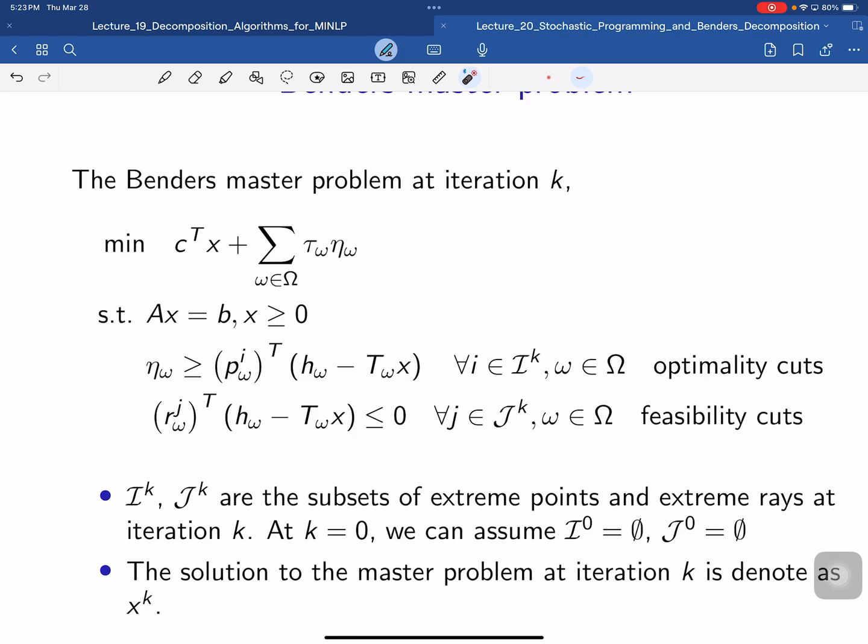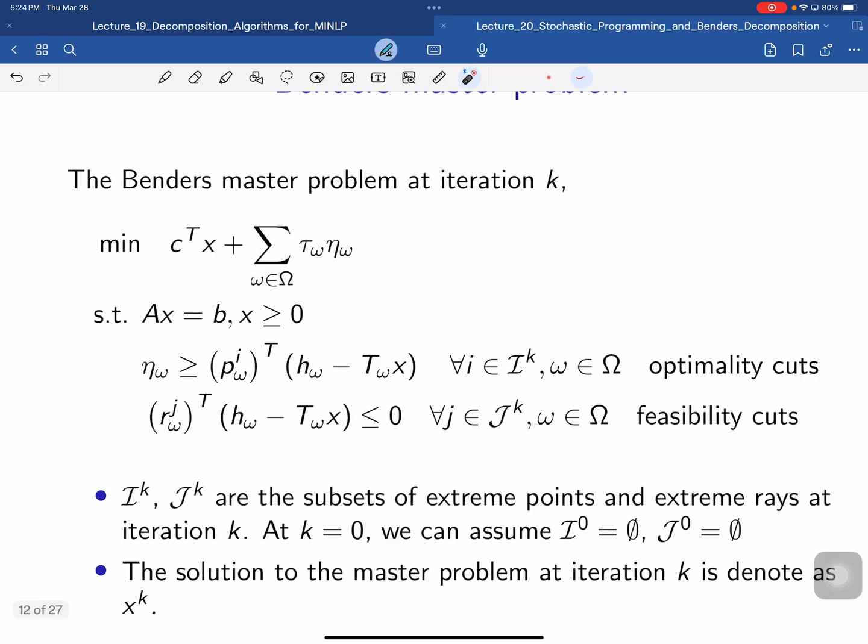Perhaps you can assume at iteration 0, no cuts are added. You just solve this first stage problem, and then you give a trivial lower bound on the second stage cost eta. In the first iteration, k equals 1, you just write eta_omega greater than or equal to L. L is a trivial lower bound for eta.